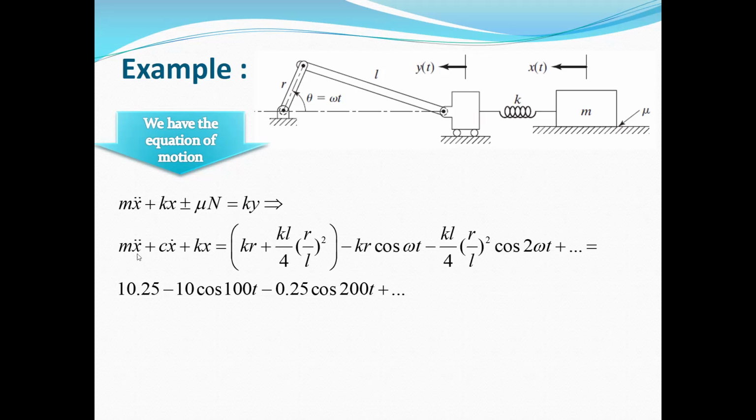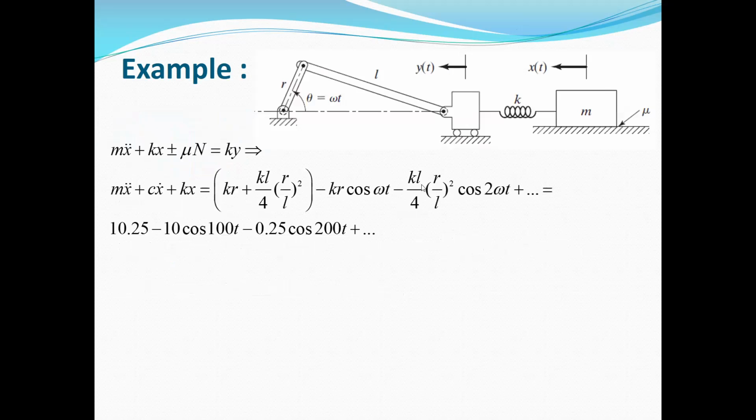But here we rewrite, as you can see, in the form of a viscous damped system. Instead of plus minus mu N, instead of this friction force, we substitute c x dot, which c in fact is an equivalent damping constant, and we need to calculate this by using the energy dissipated in each cycle and the equation for the Coulomb damped system.